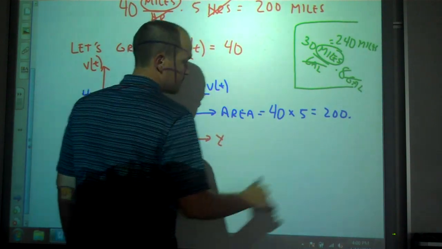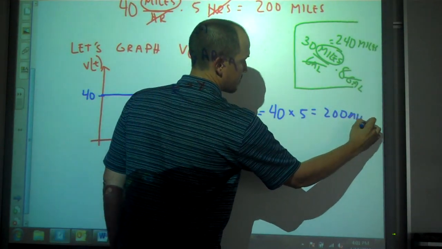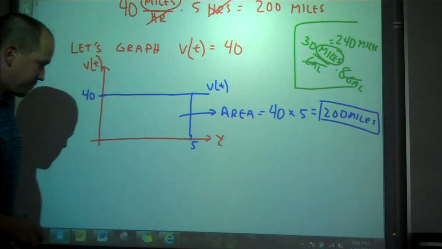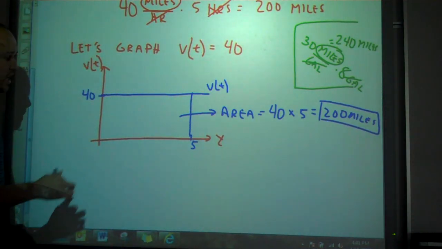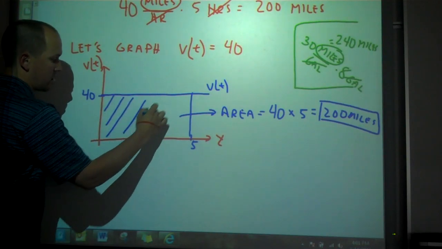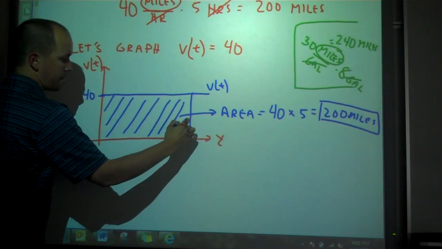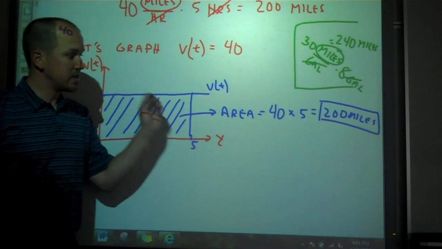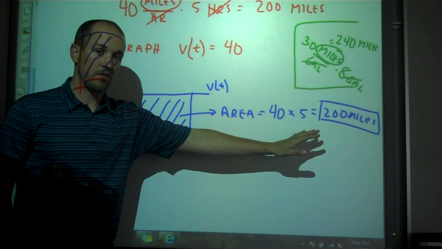So that's another way to think about this problem. The conclusion I want to take from that is when I find the area underneath any velocity graph, it's going to give me the distance traveled.